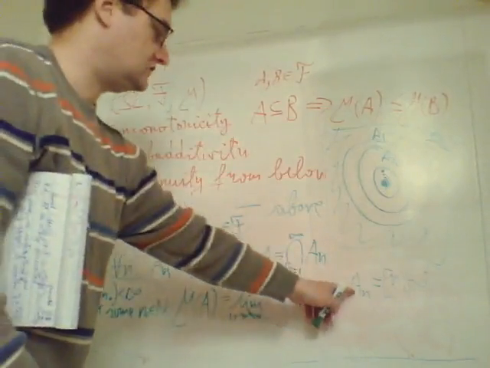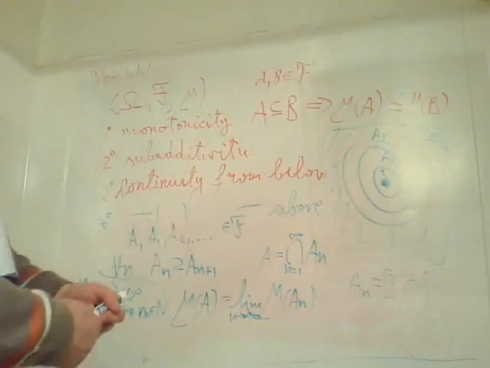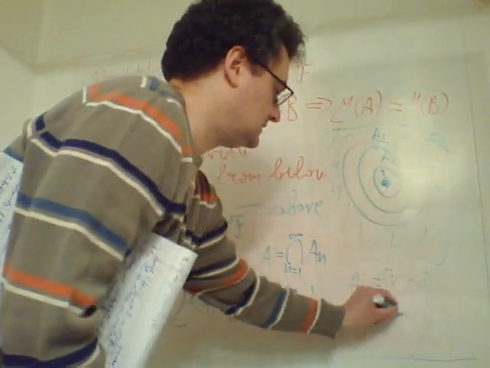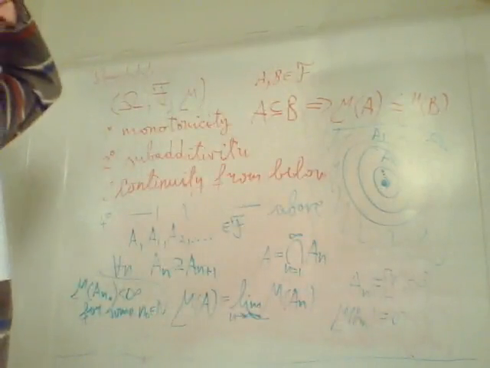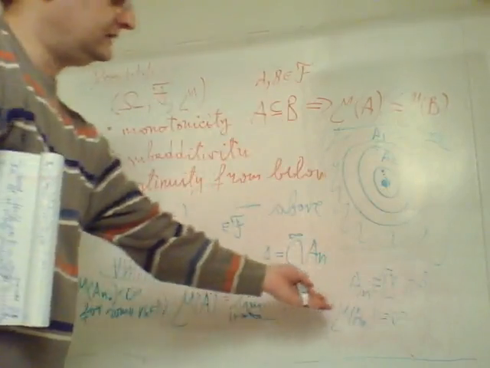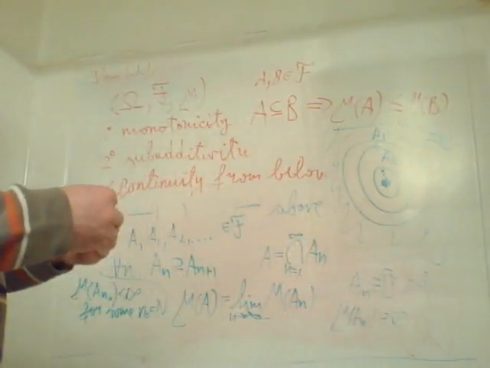So the intersection of all An's is the empty set. But mu of An obviously is infinity, the length of this interval. So the limit of mu of An is infinity.